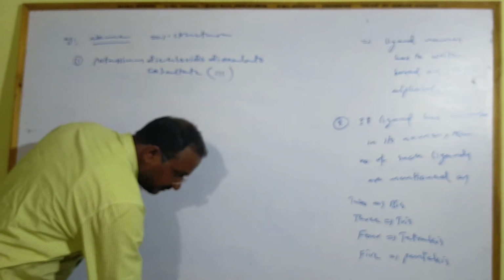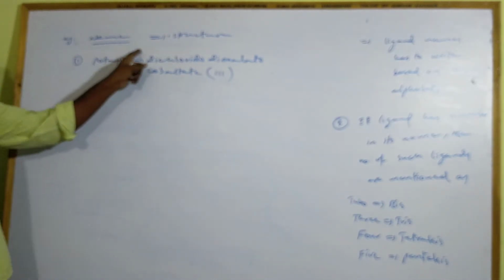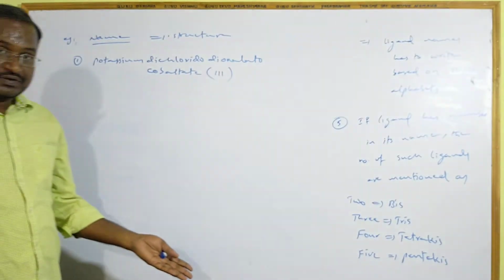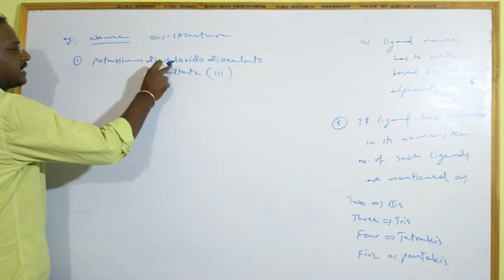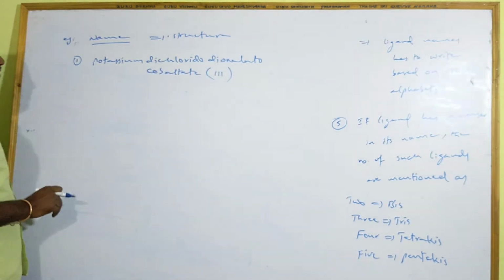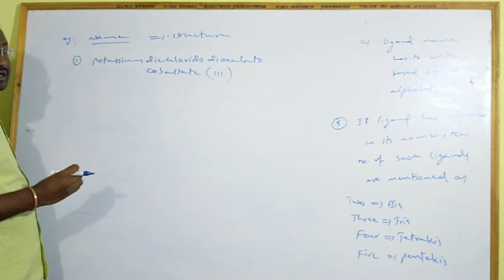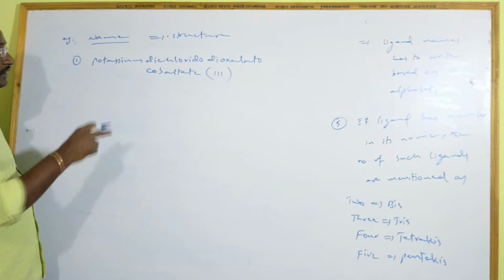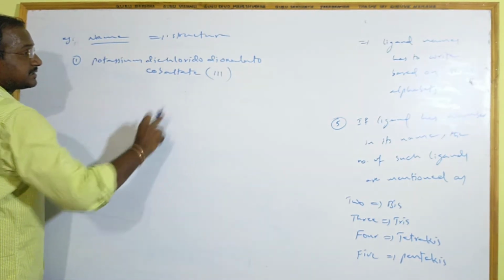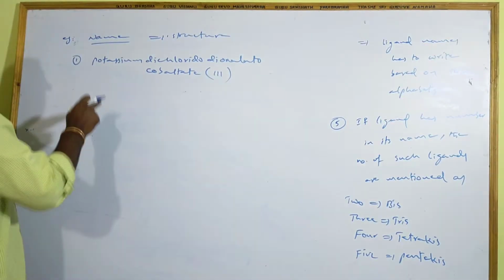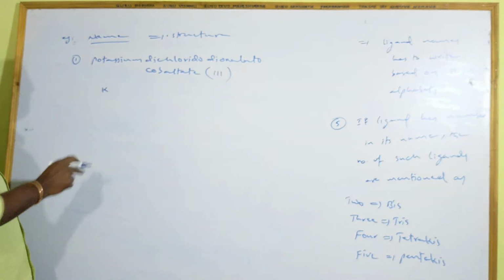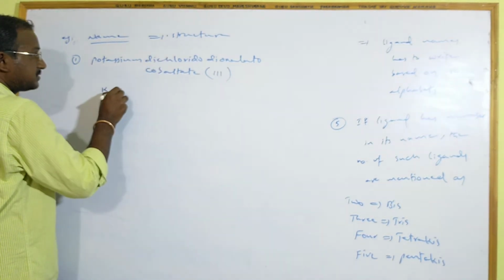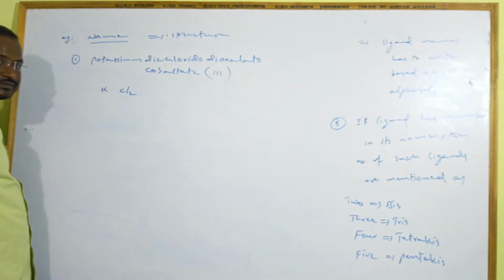Before, structure was given and we wrote the name. Now the name is given: potassium dichloridodioxalatocobaltate. First, you have to identify what is the anion and what is the cation. Cobaltate has the suffix ate, which means the complex is compulsorily an anion. So potassium K is the cation. After that, dichlorido means two chlorines.